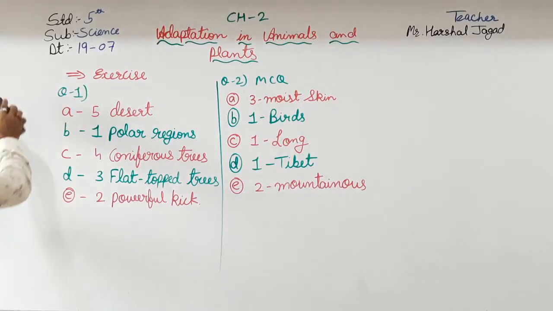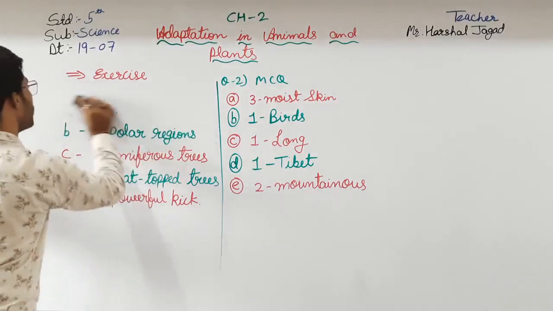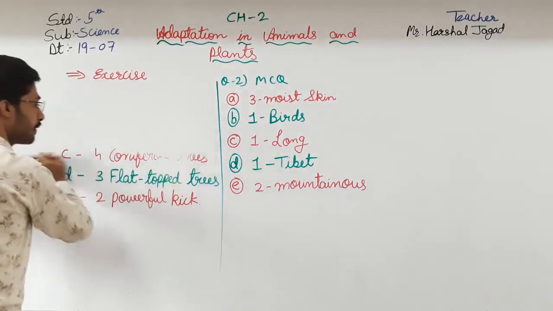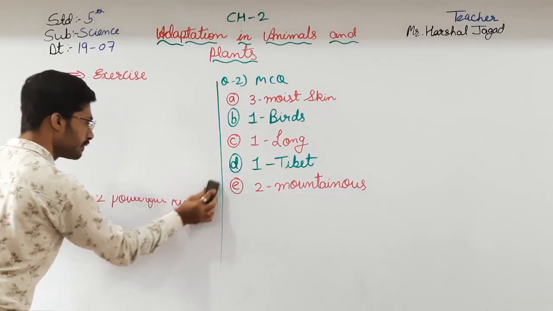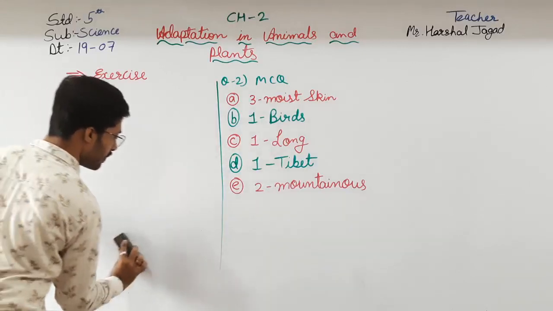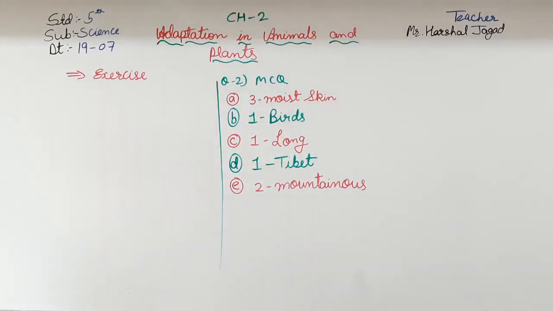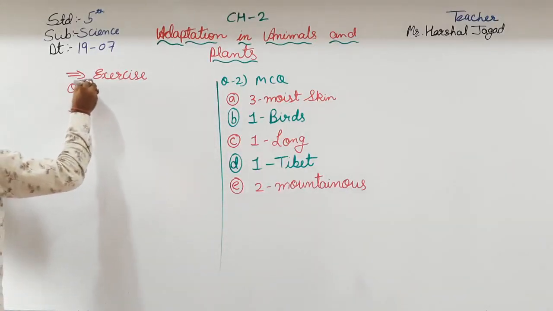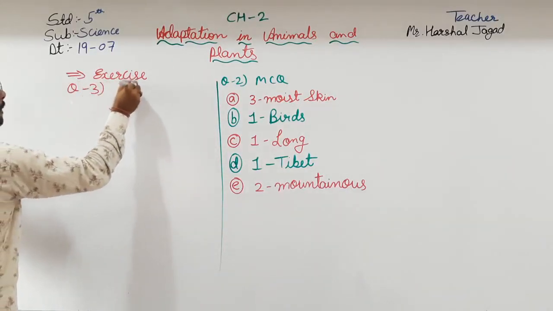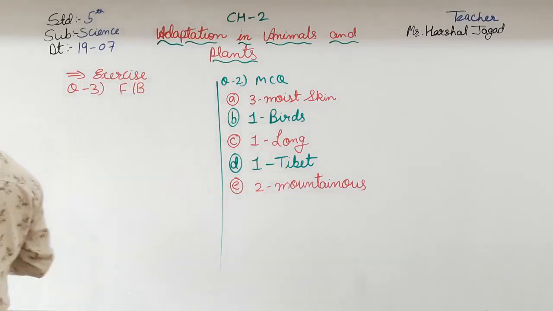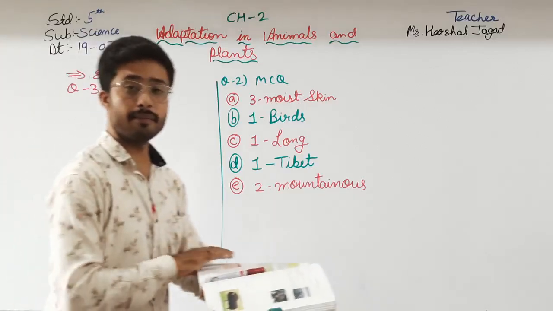Now moving towards next, that is question number 3. Question number 3, that is fill in the blanks. Birds have dash shaped body and dash bones.